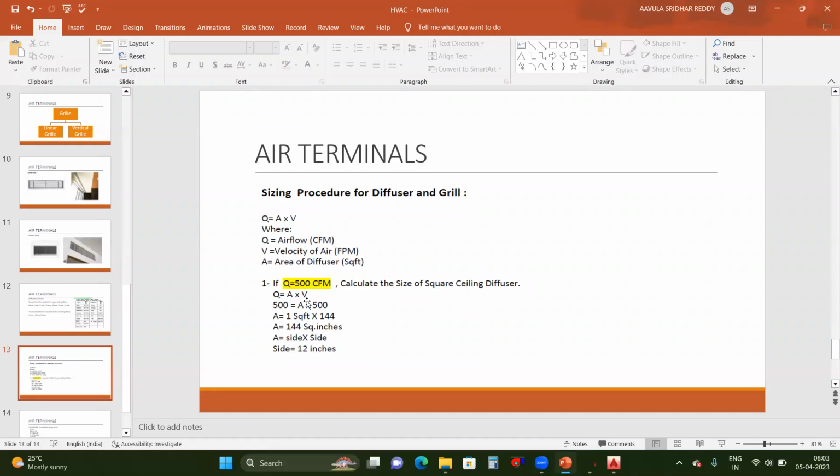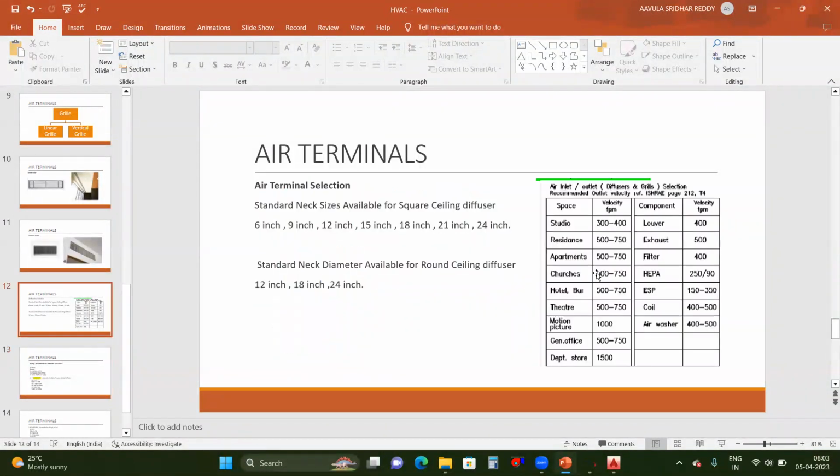So in the V place, we have taken 500 FPM. So how can we take this 500 FPM? In this question, they have not given what the space is used for. If they had given office space or residential area, we can select directly from this chart. Otherwise, we can take generally 500.